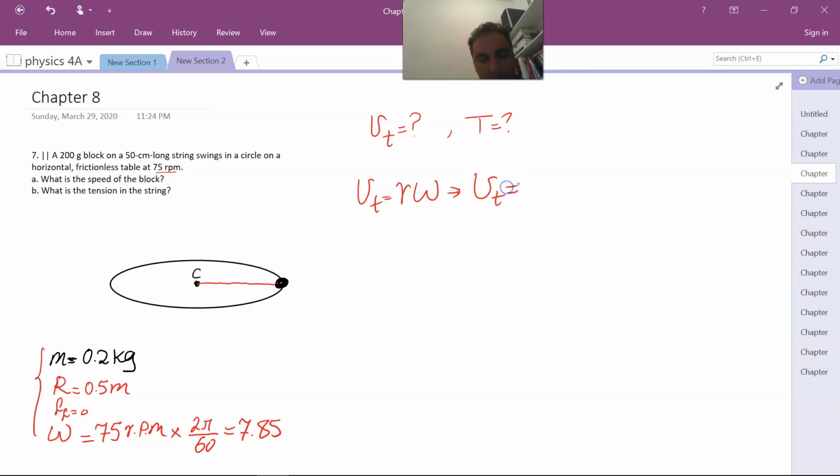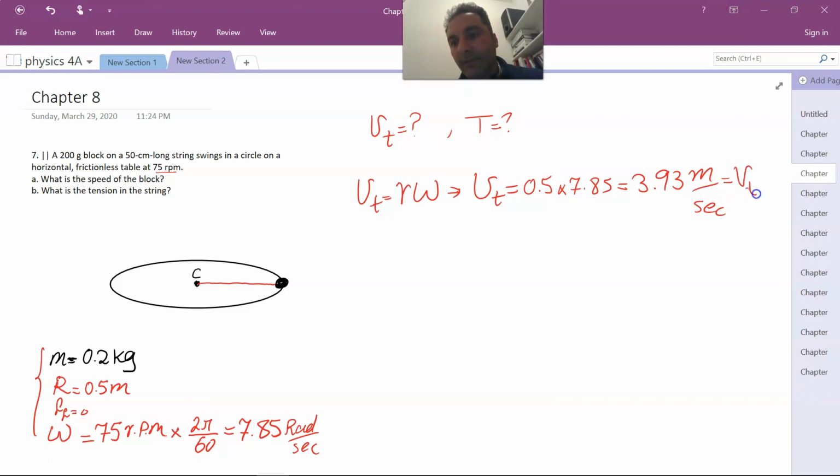Therefore Vt is R, 0.5, times omega, 7.85 radians per second. That number times 0.5 is almost 3.93 meters per second. This is Vt.